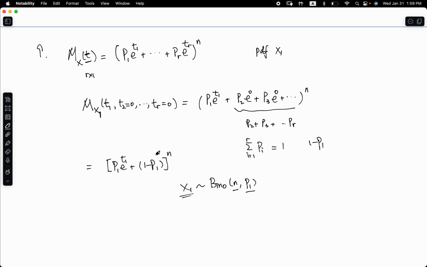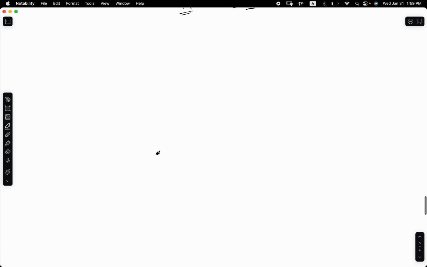And now we just need to comment on using the theorem to find the variance of x1. So here we just need to take the log of the moment-generating function for this multinomial random variable.